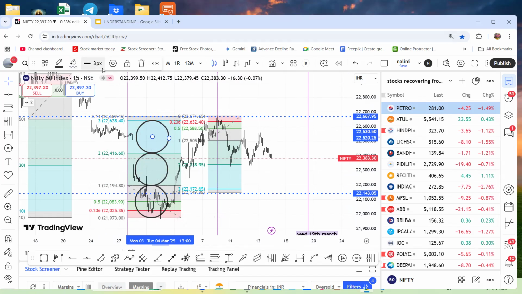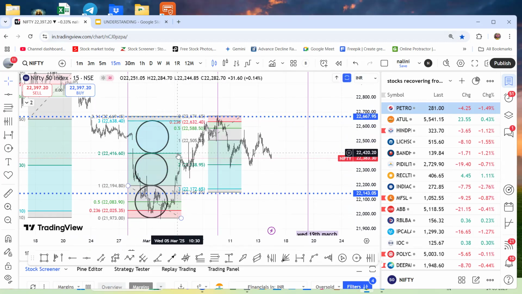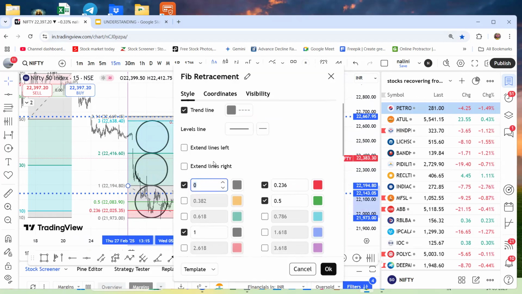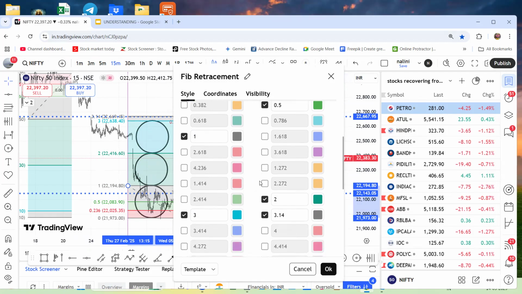Let me take it to the settings and I'll show it to you so that you will understand. No, it is showing the circle. One minute. Here, see, I've checked 0, 1, 0.5, 0.236 just to know the in-between ranges, 2 and 3.14.